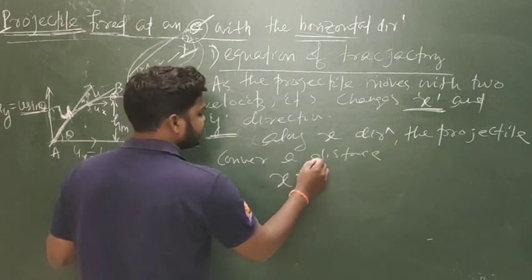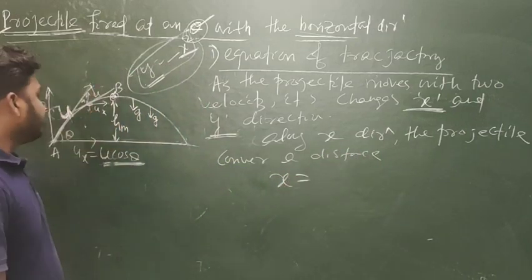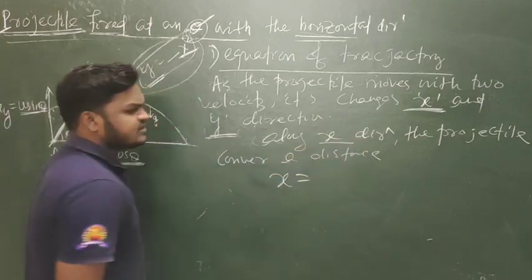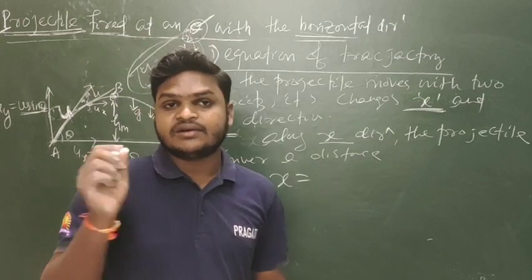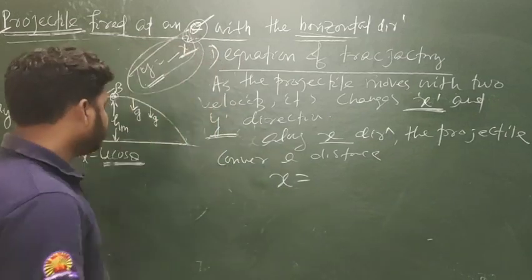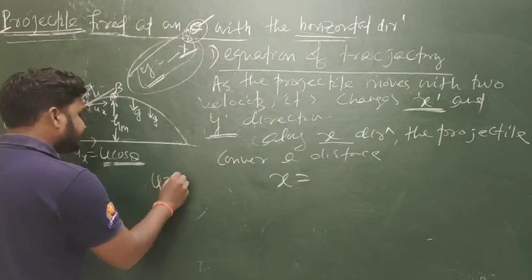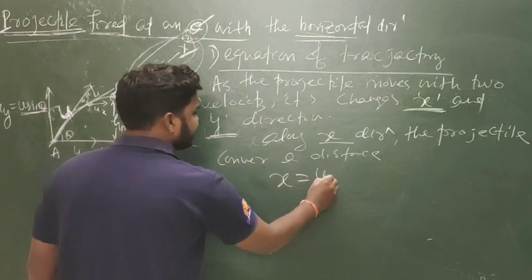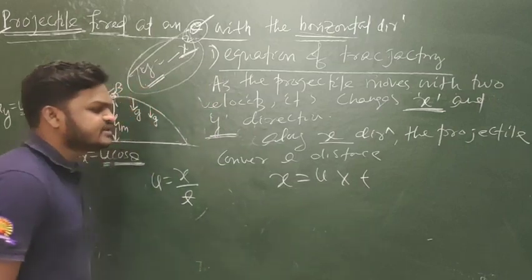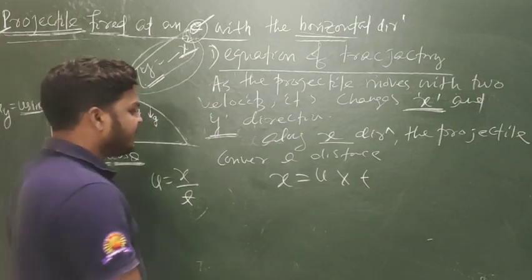We know that x is the horizontal direction, and horizontal distance is obtained from the horizontal velocity. We know that velocity is equal to distance upon time, so distance is equal to velocity into time.